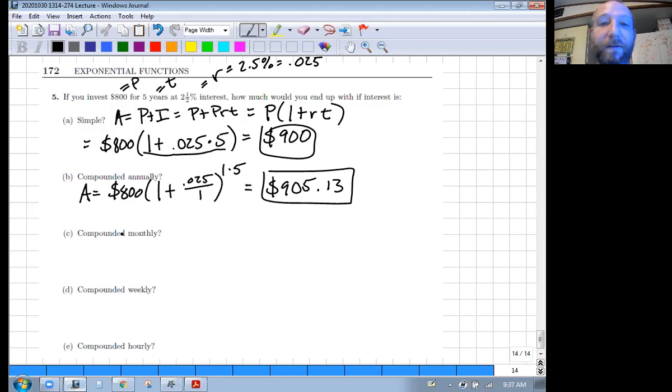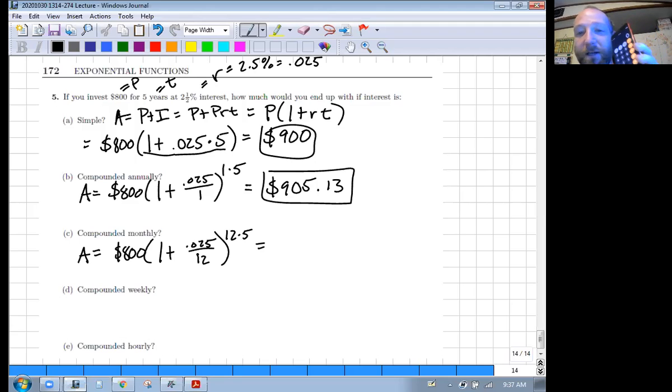All right, so monthly, 800 times 1 plus 0.025 over 12, to the 12 times 5. I'm just entering this into my iPhone calculator. I have to start from the middle here. 0.025 divided by 12, and now I add 1 to that, and now I raise that to the 60th power. 12 times 5 is 60.